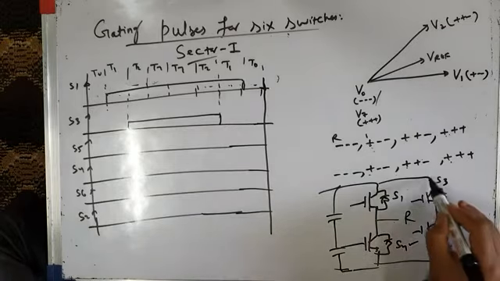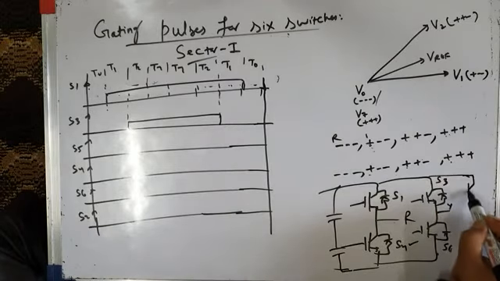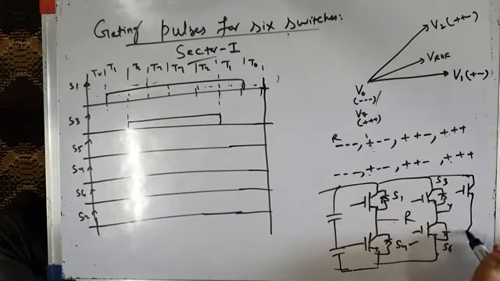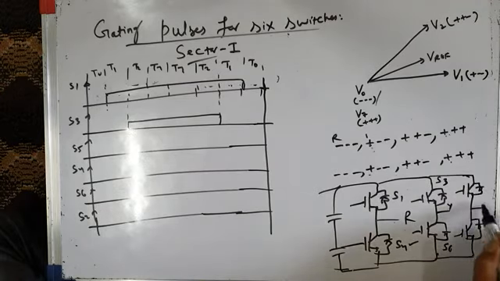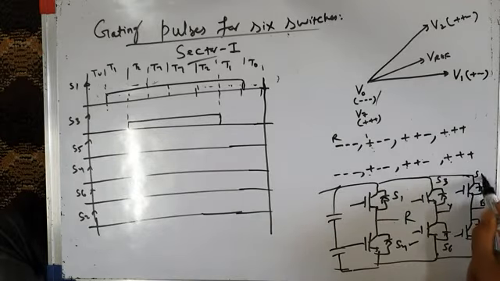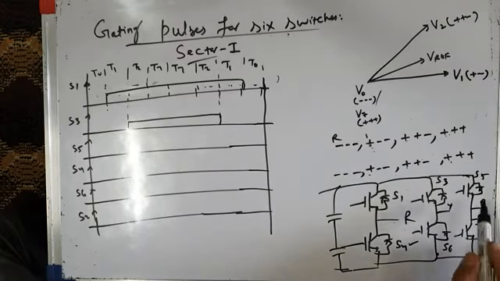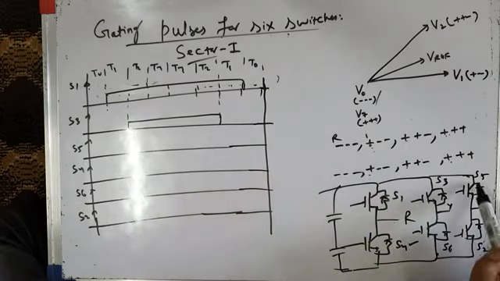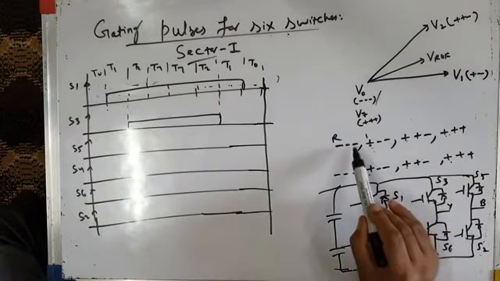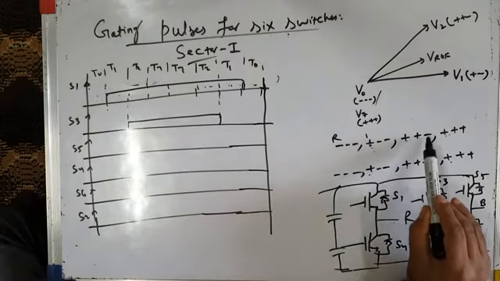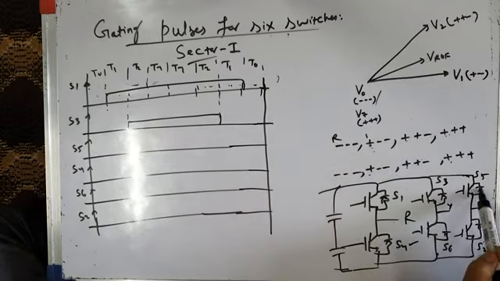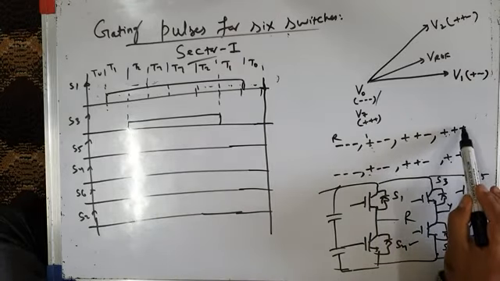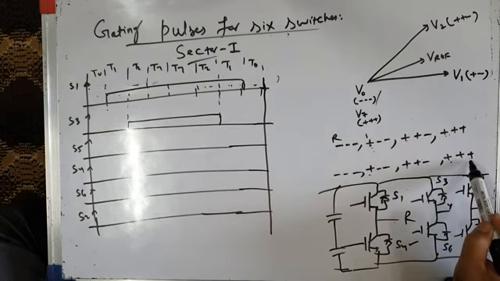What about S5? S5 belongs to the third arm or third leg of the inverter. This is S5 and this is S2. S5, you can see, belongs to phase leg B. Phase leg B's bottom switch is on for 1, 2, 3 intervals, and top switch S5 is on for only 2 switching intervals, 1 and 2.